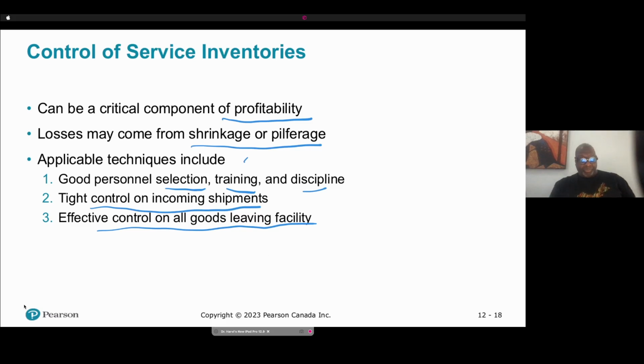But also, given the nature of the service that you're providing, you will have to really understand the demand for your service and then translate that into the demand for what I call the facilitating goods, the goods that are necessary for the service. So if you have a car rental company, for example, then your inventory of cars available for rental will come from your forecast.